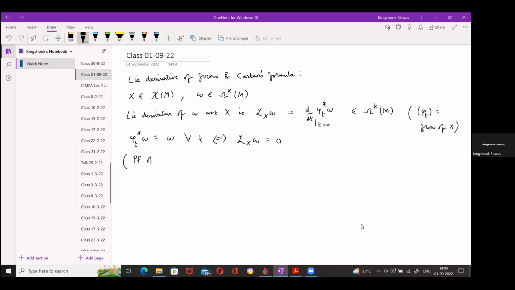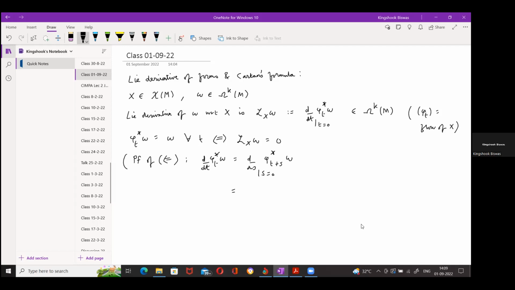So the proof of the backward implication is that you look at d/dt of phi_t star omega. So this is d/ds at s equal to 0 of phi_{t+s} star omega.